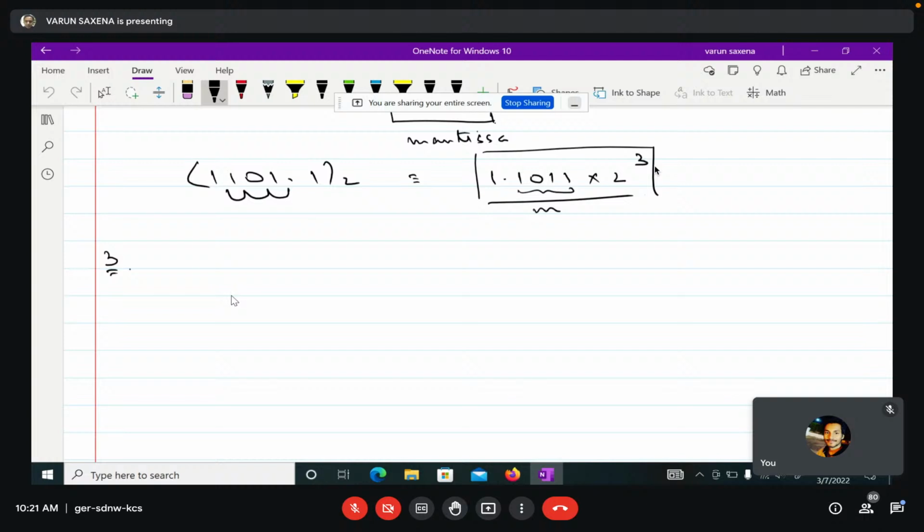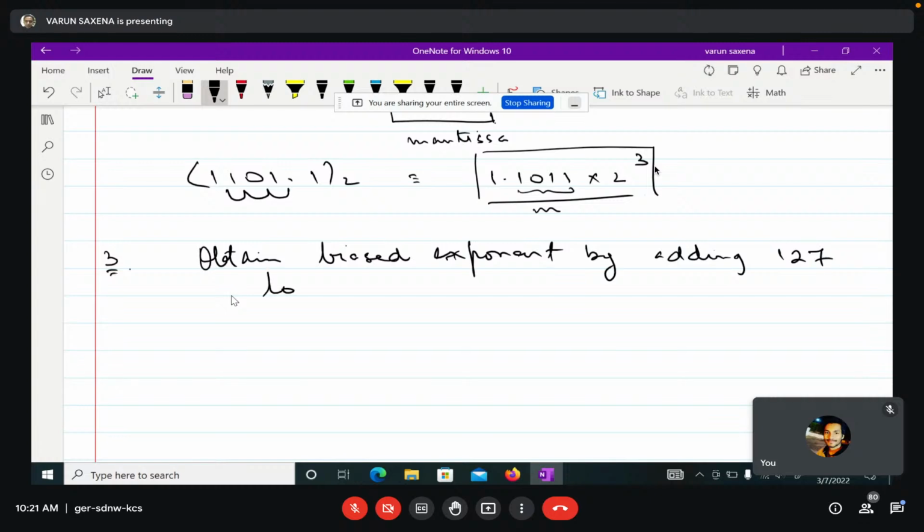So the third step is that obtain biased exponent by adding 127 to the exponent value.